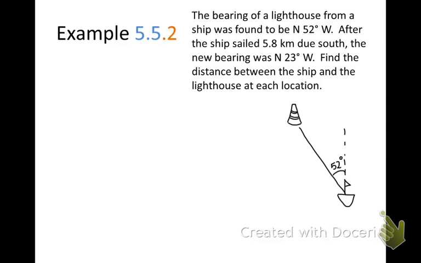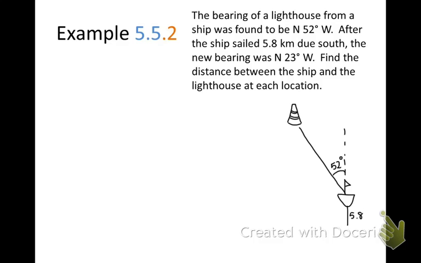It says that the ship sails 5.8 kilometers due south. So that would be the ship doing something like this, and I know I'm making it a teeny tiny little triangle, but I didn't give myself much space.